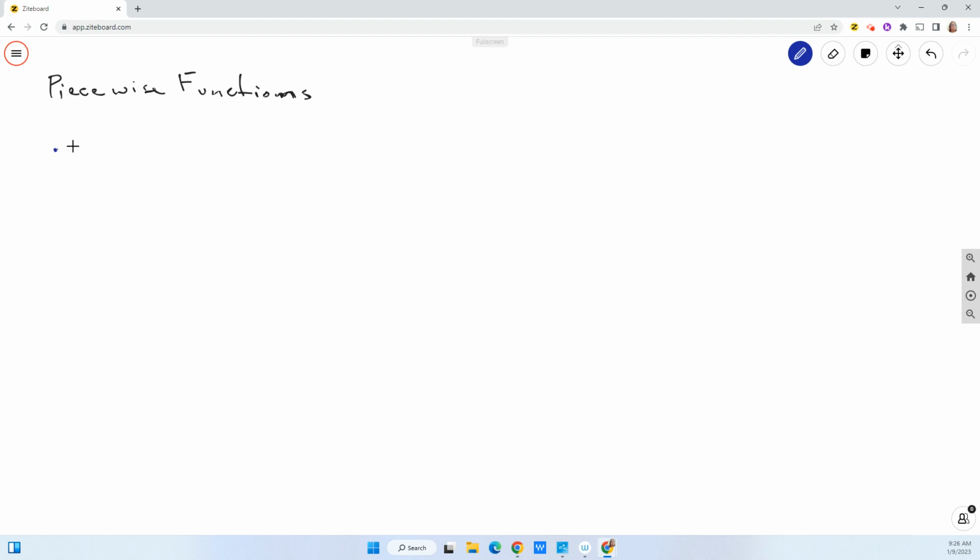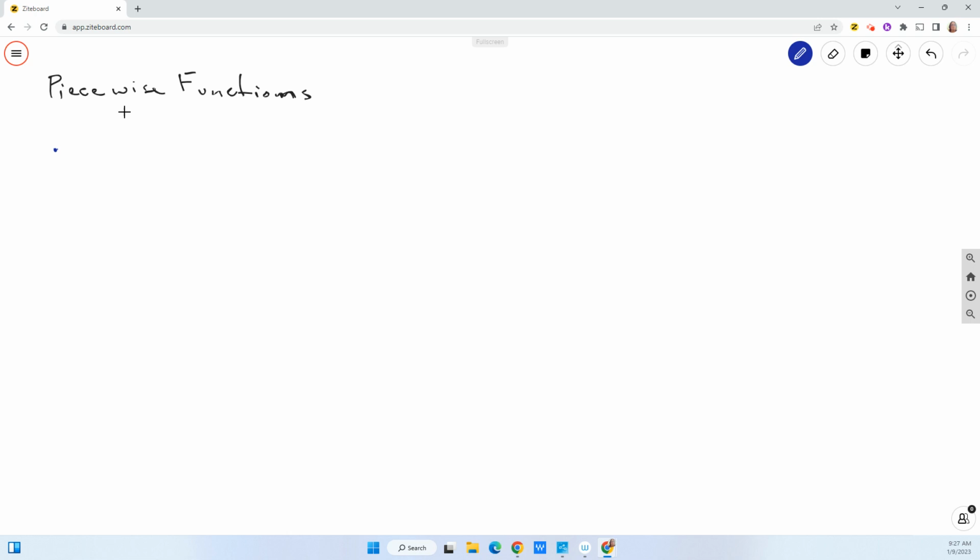It is basically a function that's got two or more functions in it, right? If you remember, before we left, we were doing systems of equations where we had different sets of equations that had common solutions, and we had to figure out how to work them together.